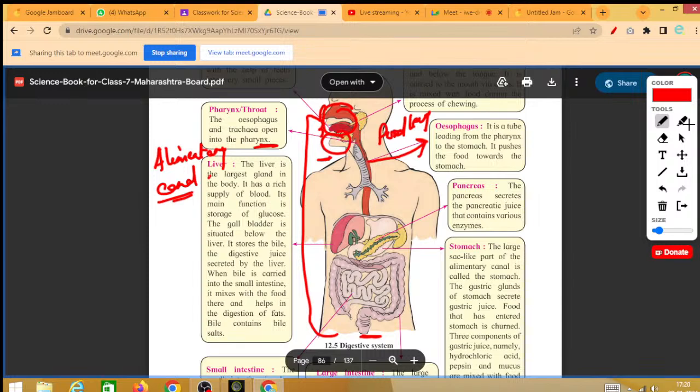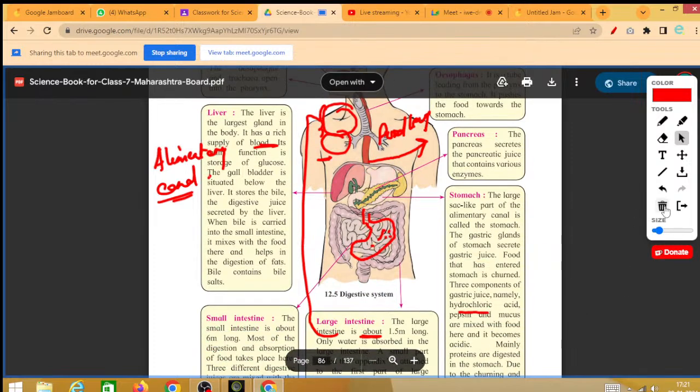Okay. First we'll talk about the stomach. So it went from here into this stomach. This is the sac-like structure, the stomach we are talking about. Food came in, and in it there is gastric juice. Now Harshal, explain this gastric juice one. Yes. First, the gastric juice, which is secreted in the stomach, contains three components, namely hydrochloric acid, pepsin and mucus.